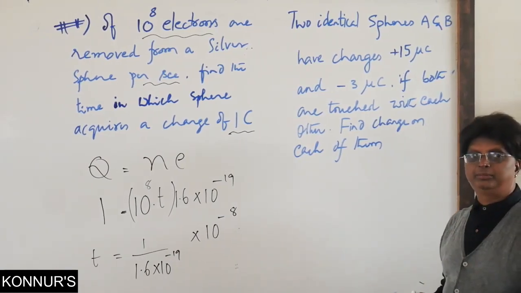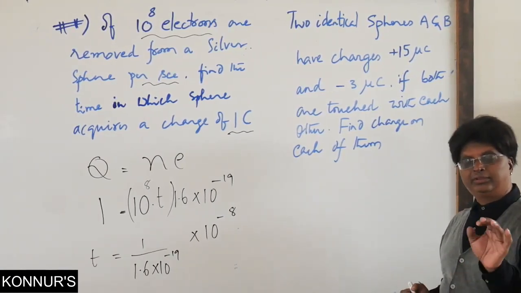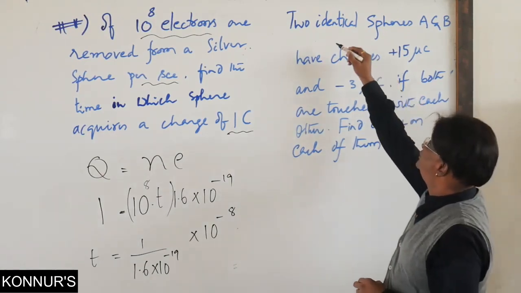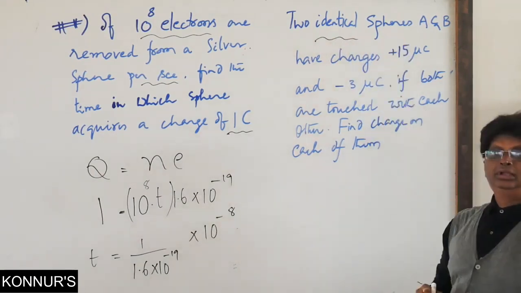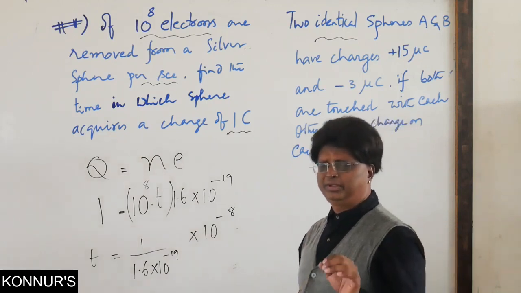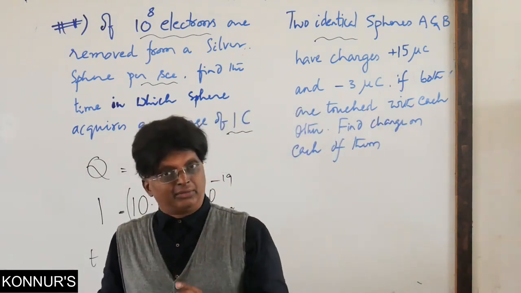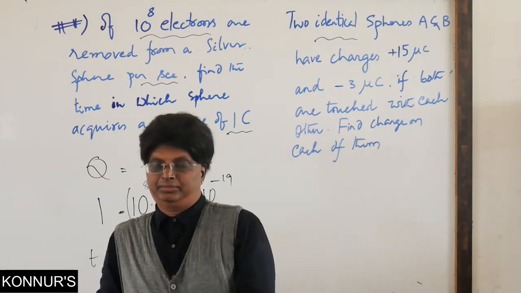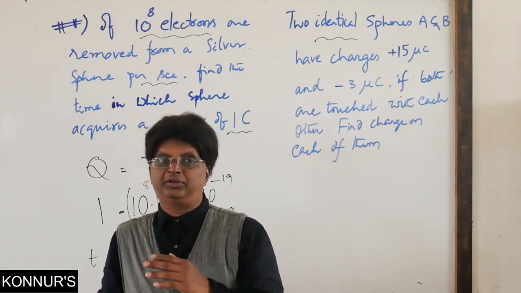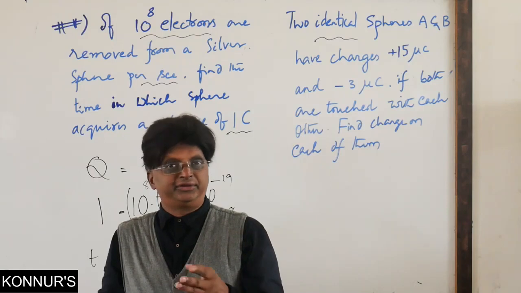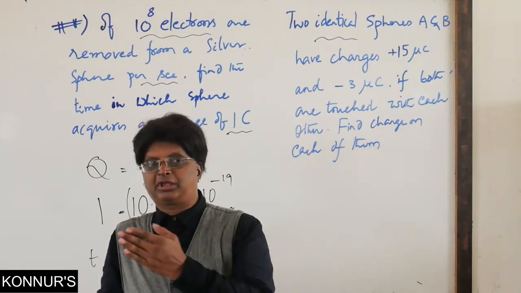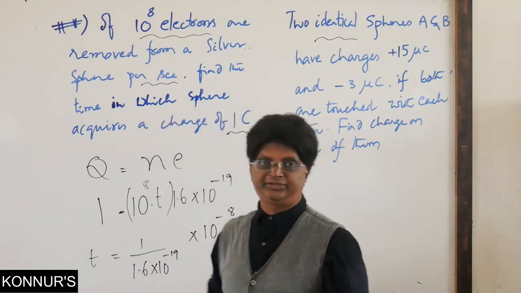Now here two things are important. Whenever you are reading the question, the keywords are important. Identical means same size. Same size, then the example is a very simple one. We make use of our conservation of charge. But otherwise, if they are of different sizes, then it is altogether different. Not that it is difficult, but that concept will come later in our discussion.